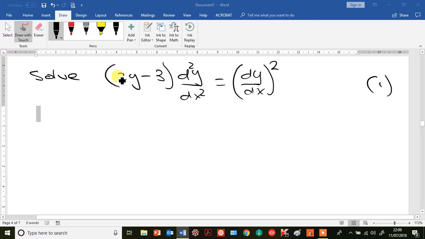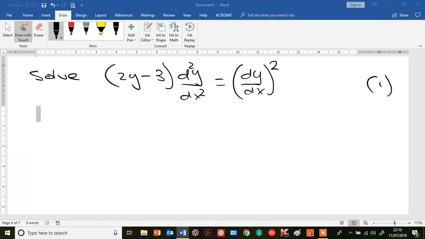As you can see, we've got the coefficient (2y minus 3) times d squared y by dx squared, and that's equal to (dy by dx) all squared. So let's crack ahead and see if we can solve this ordinary differential equation.